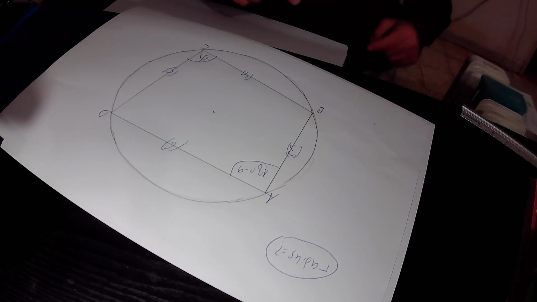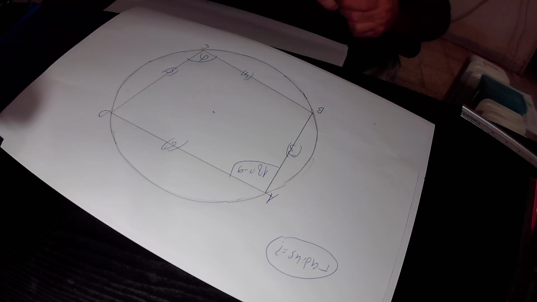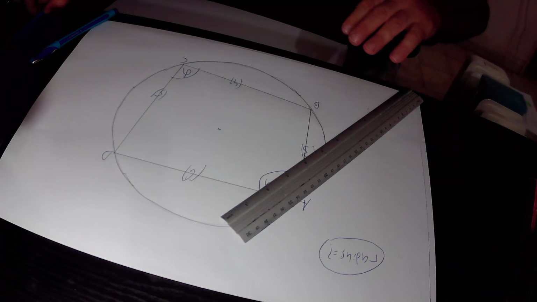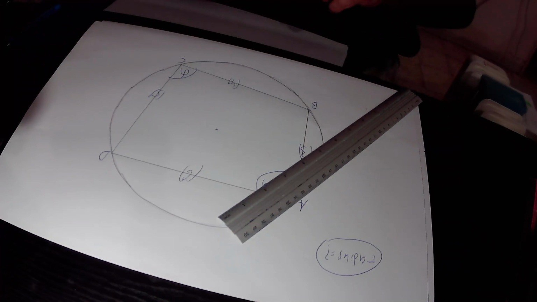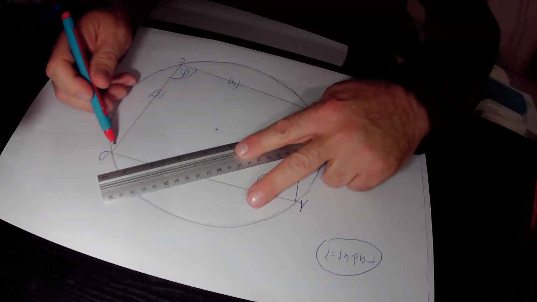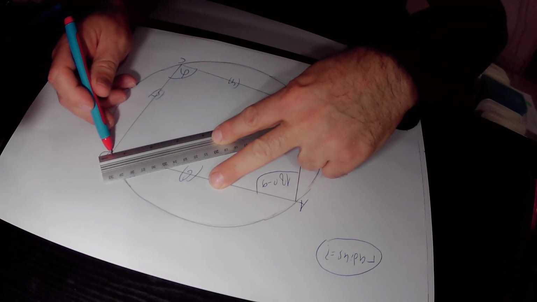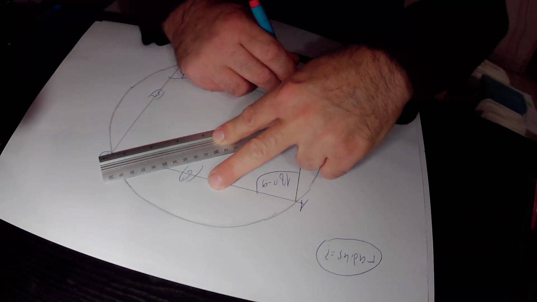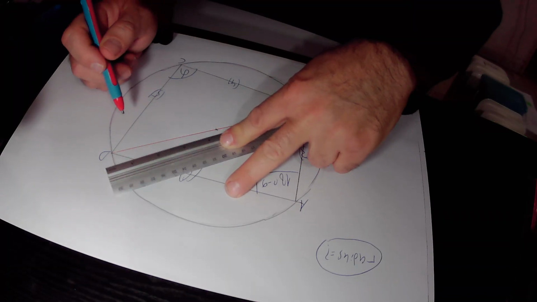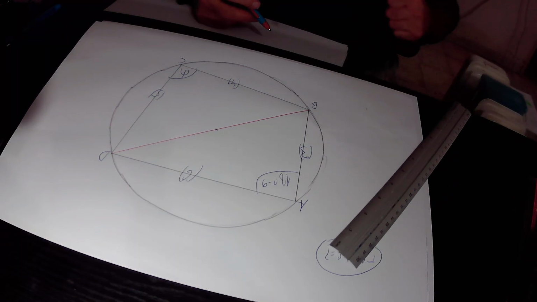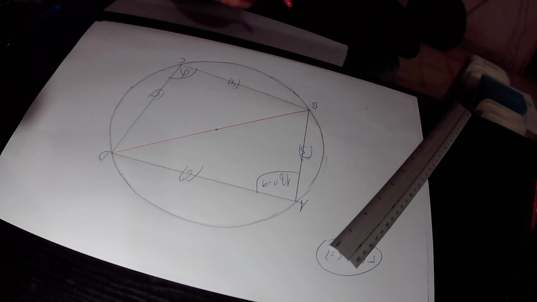In the next step, we will join points B and D together by a straight line. By joining points B and D, we divide quadrilateral ABCD into two parts.